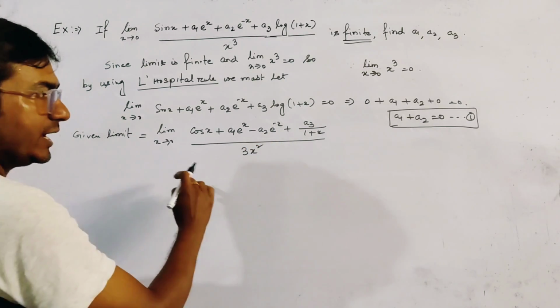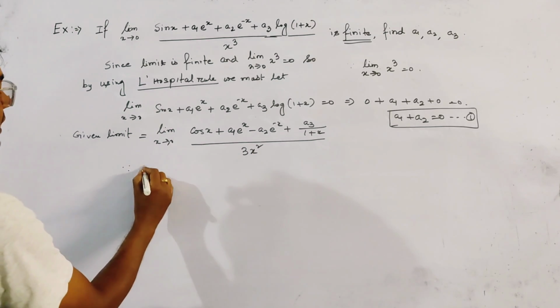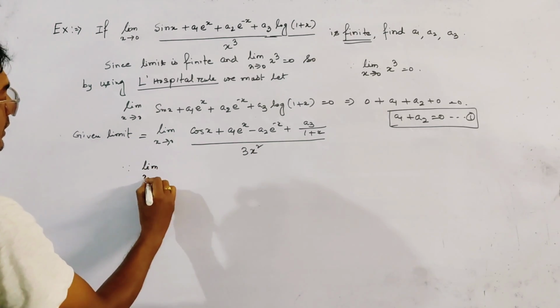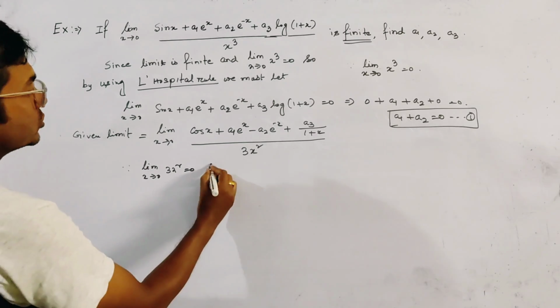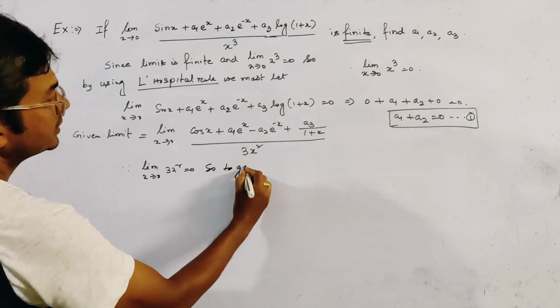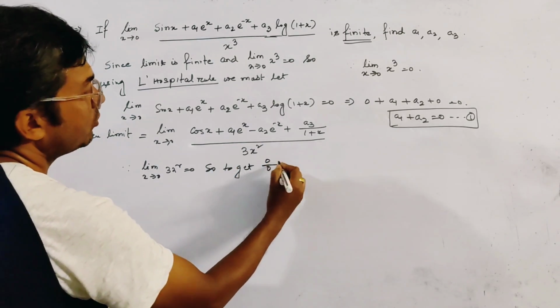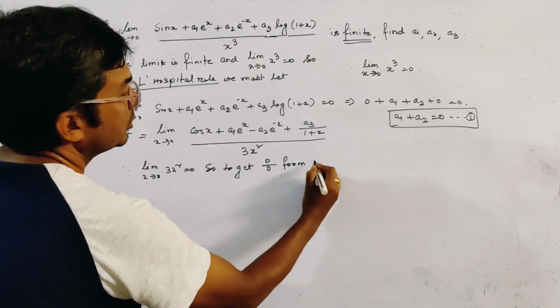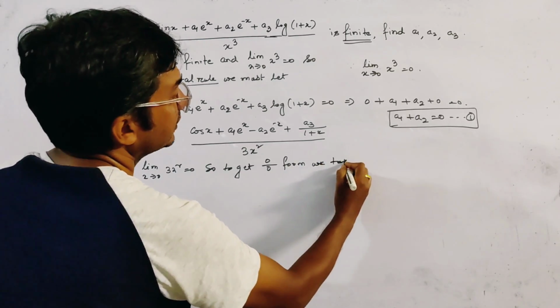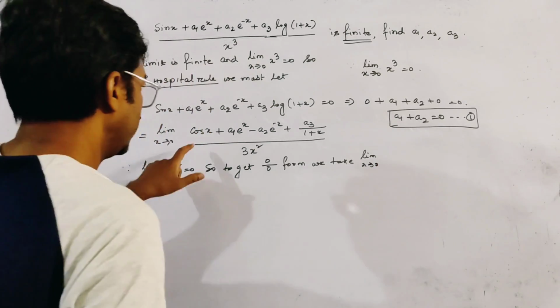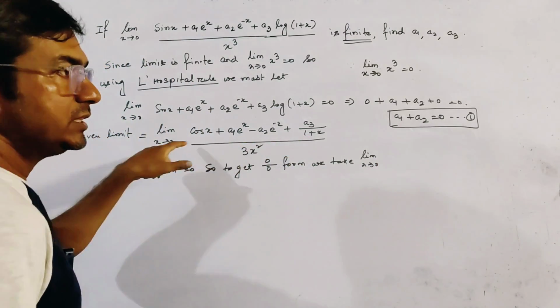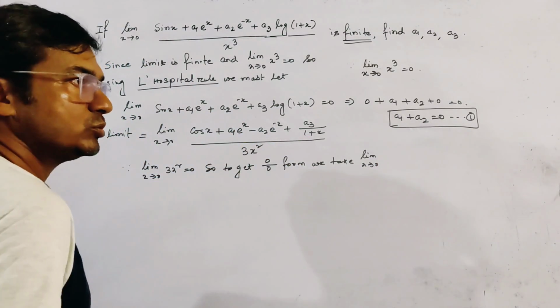Again, since 3x square tends to 0, to get the 0 by 0 form, the numerator must be equal to 0.